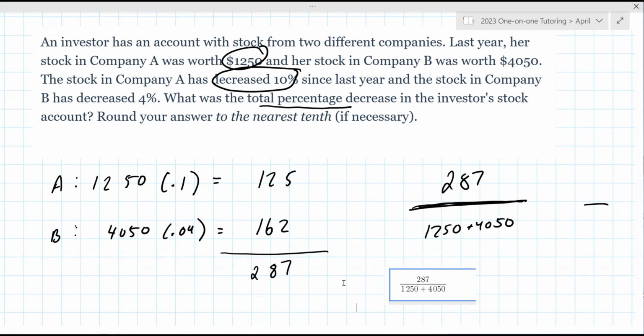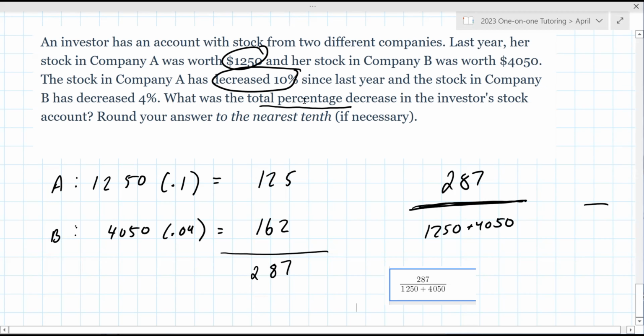Sorry. Oh, it's plus, right? Yes. 1250 plus 4050. It gave me 0.0541. Yes, and that is correct.